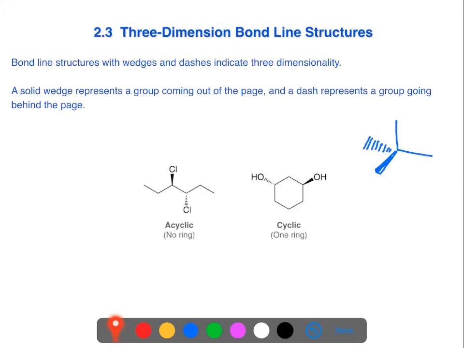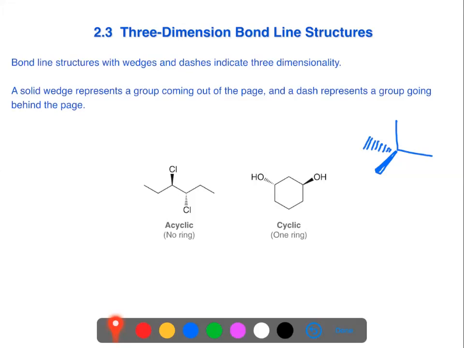Recall that all the carbon-carbon-carbon angles in a tetrahedral are approximately 109.5 degrees. Using these solid wedges and dash wedges clearly shows that there is that three-dimensionality with this structure.